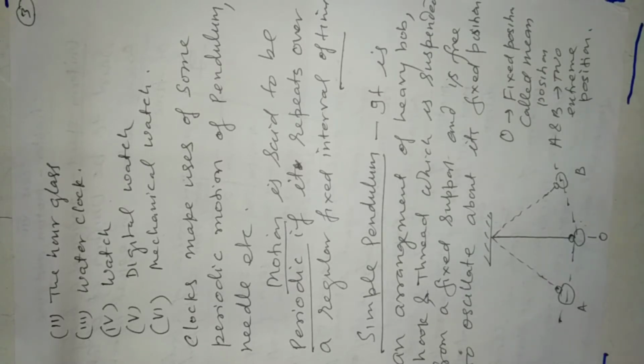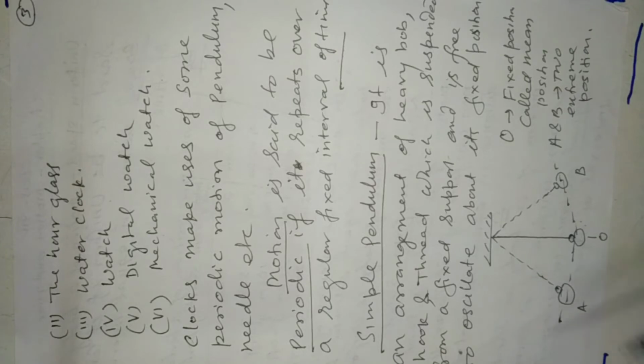The motion of the earth around the sun is periodic. It takes 365 days and 6 hours, so that is also periodic. And the second needle of a watch is also periodic. It covers one circular path in 60 seconds.